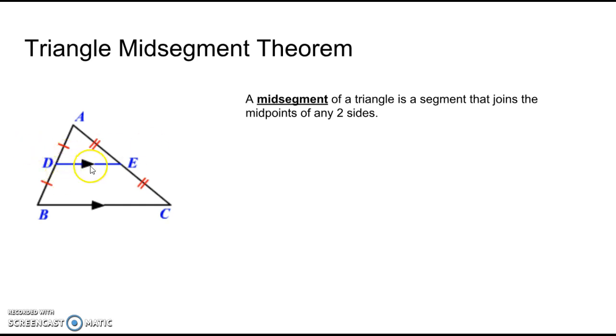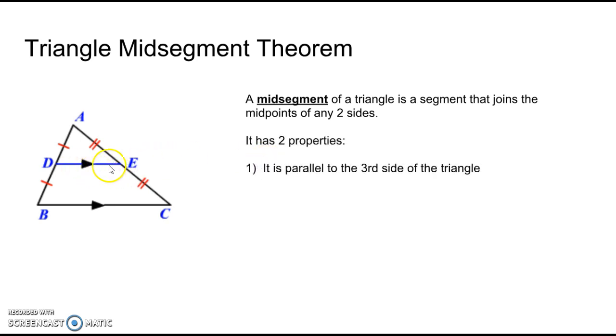Since it divides the sides proportionally, they're in half. That means they're parallel, so it has two properties. It's parallel to the third side of the triangle, and it's half the length of the third side. Notice that the two triangles are similar. Therefore, AD to AB, which is half because it's the midpoint, is the same as DE to BC.